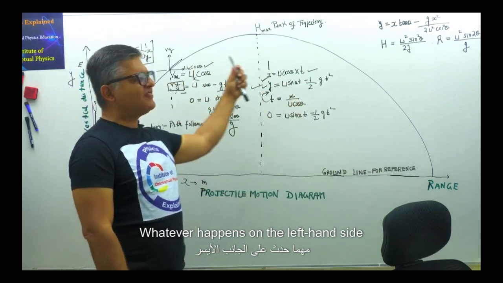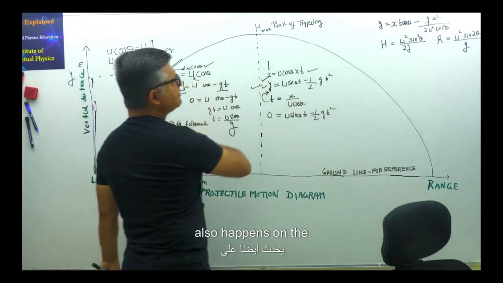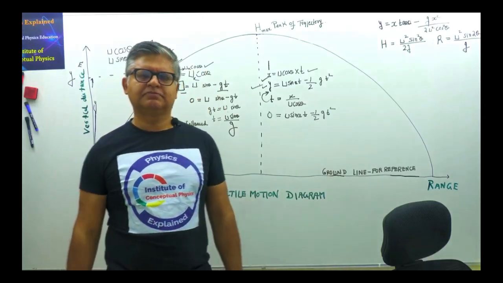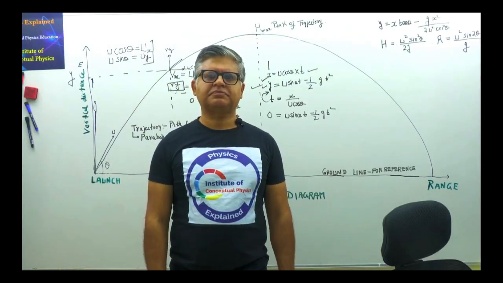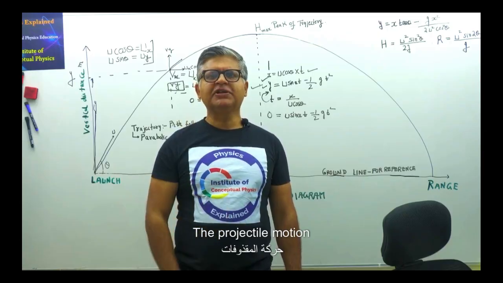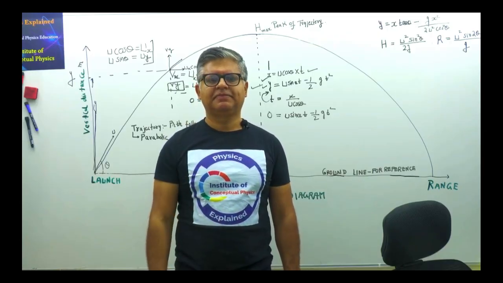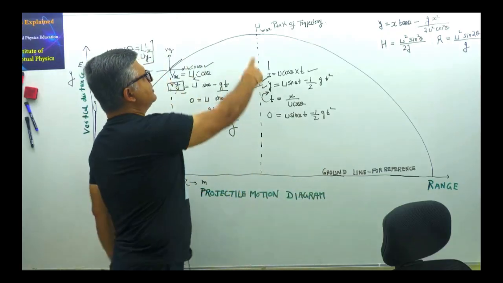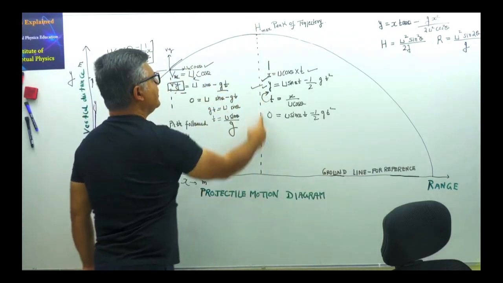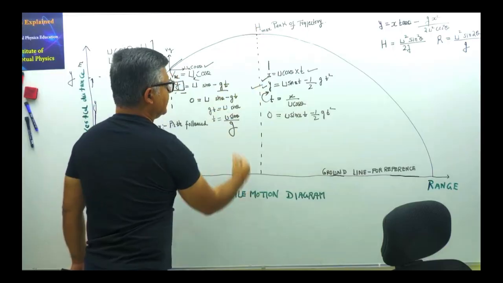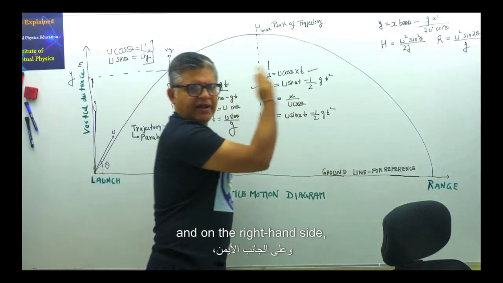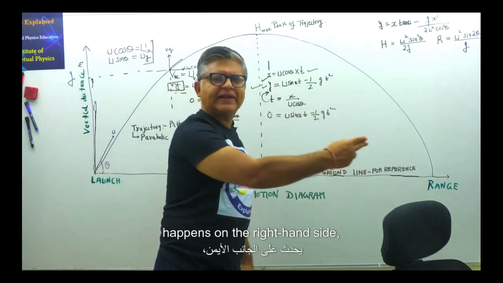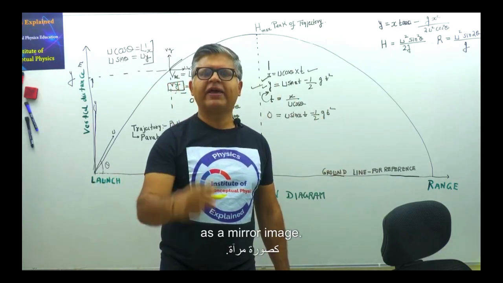Whatever happens on the left hand side also happens on the right hand side, but as a mirror image. The projectile motion is symmetric about this line, the line coming from the highest point.